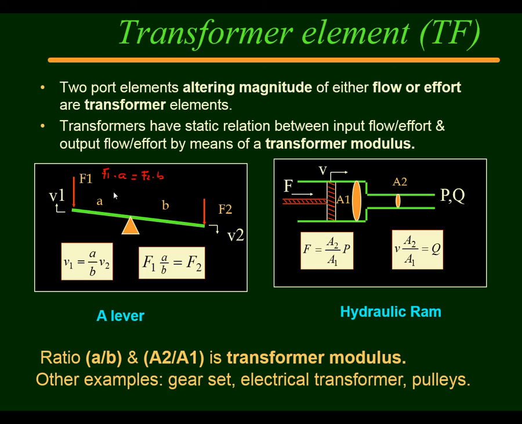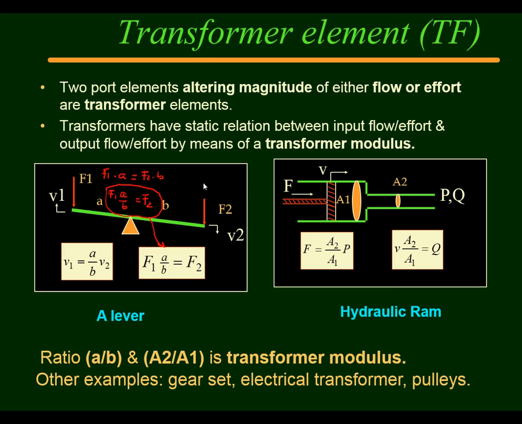From this equation, it follows that F1 multiplied by A over B should be F2. Okay, that's as far as this is concerned.